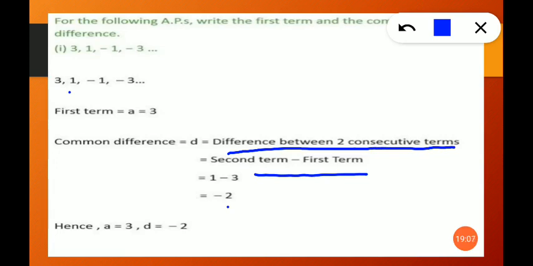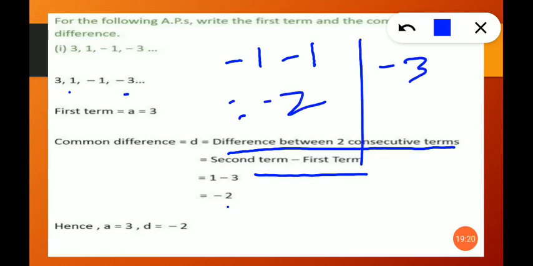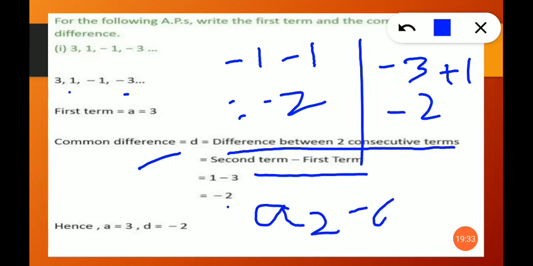If you take another pair, like the third term minus the second term, -1 minus 1, you will get -2. If we take the last one, -3 plus 1, it is -2. So the common difference in an AP always comes the same. Generally we use the formula for d as a2 minus a1.